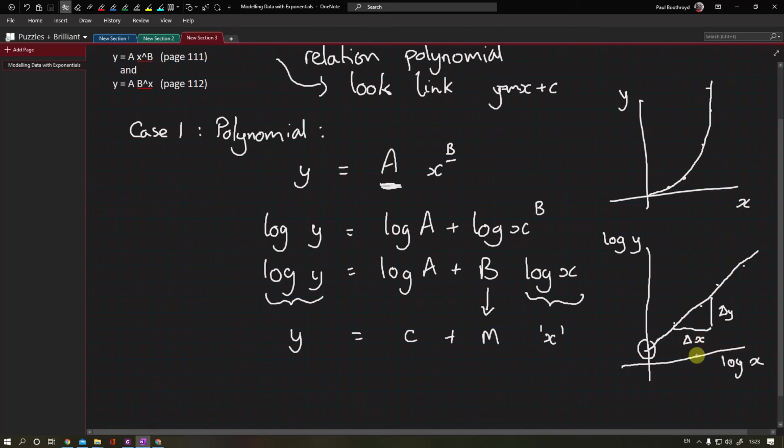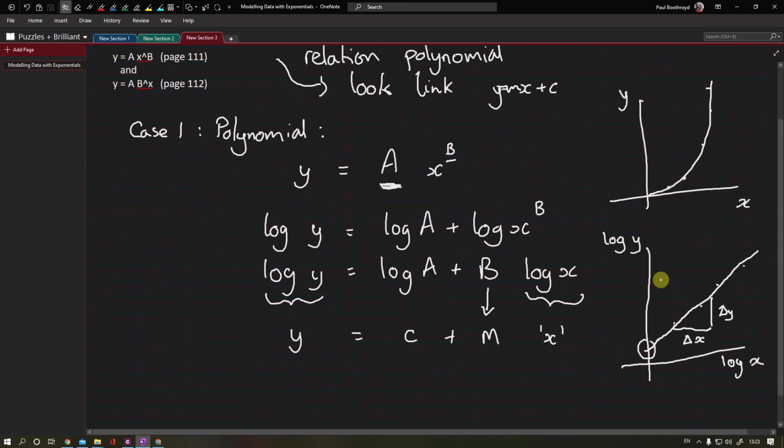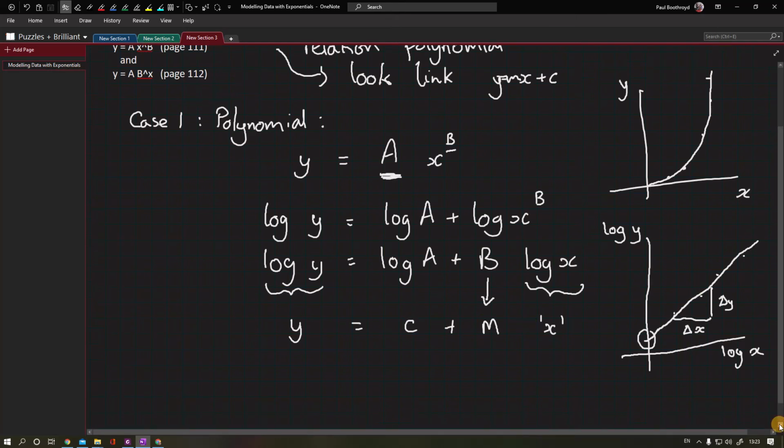So if it's a polynomial form of relationship, if you take the log of x and log of y and plot them, you should wind up with a straight line. If that is the case, then you do have a polynomial graph. And to get your a, we're going to say log base d of a is equal to c, so therefore a equals the base to the power of c. In this case we're going to do 10.